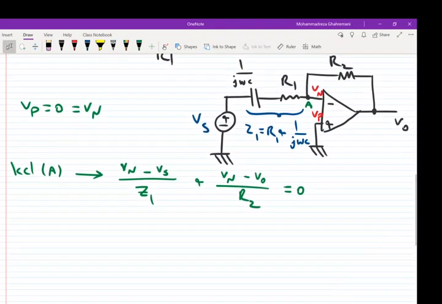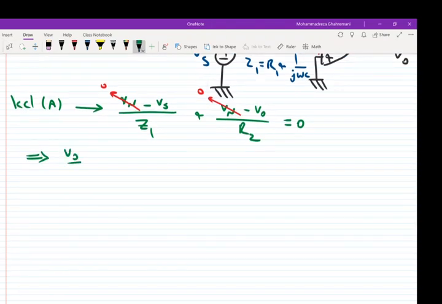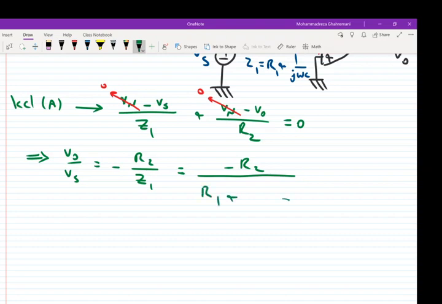We know that Vn is equal to Vp is equal to 0, so these terms are 0. As a result, we will have Vo over Vs equal to negative R2 over Z1, which is equal to negative R2 over R1 plus 1 over j omega C.